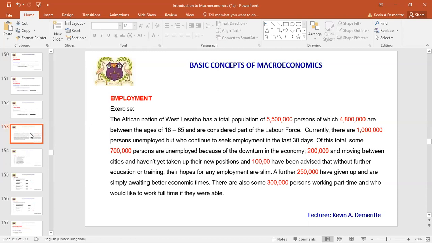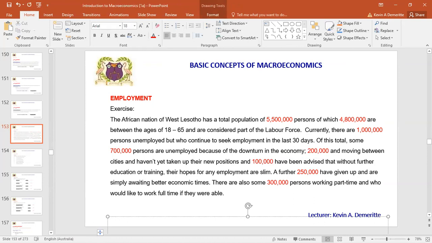What do we got? 100,000. I think it's supposed to be 100,000. No? 100,000 have been advised that unless they go back to school, nothing is happening for them. Yeah, we missing a 0, but that ain't really the problem, is it?